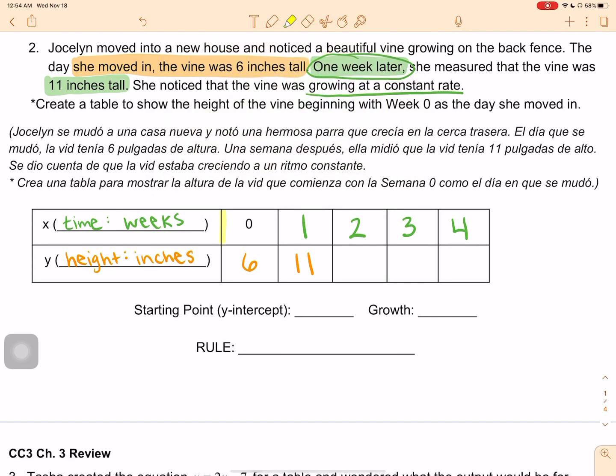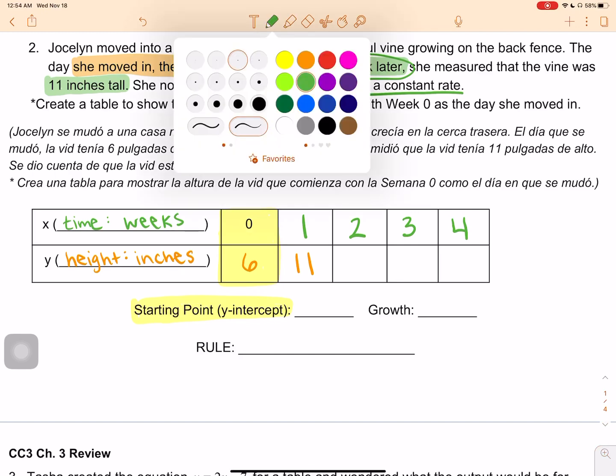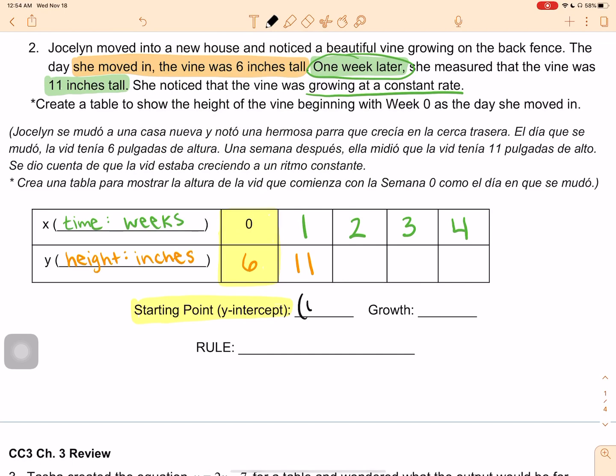So this right here is my starting point, otherwise known as the y-intercept. If we were to graph this rule after we get all the points plotted, this 0, 6 is your starting point. I would like you to write it as a coordinate always, okay? So the coordinate here is 0, 6, x, y.